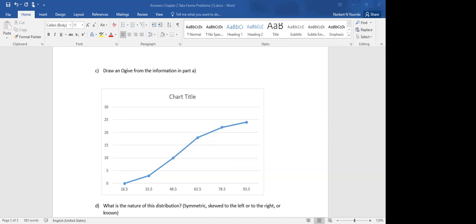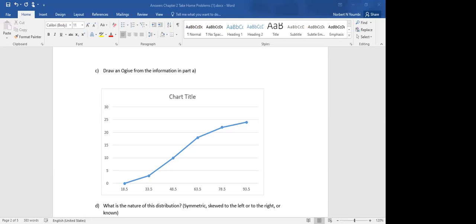I didn't copy this. So what I just did is copy the class boundaries. The lower class boundary of the first class is the upper class boundary of all the values that are below it. We want to account for that.